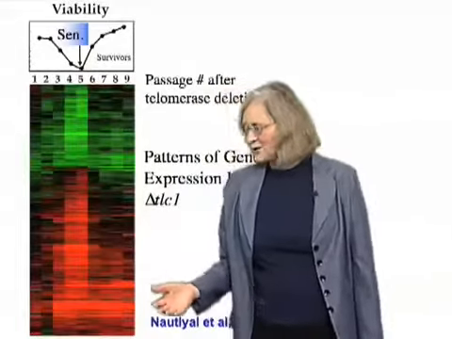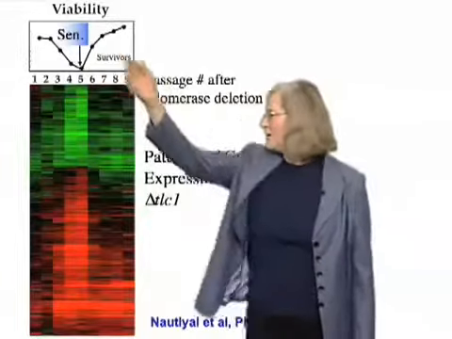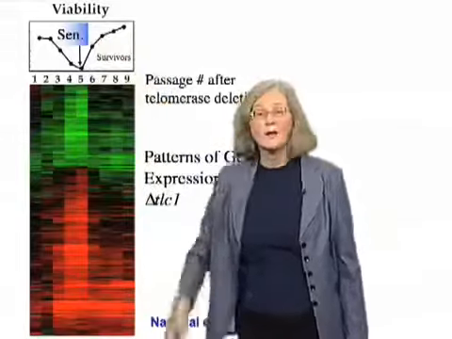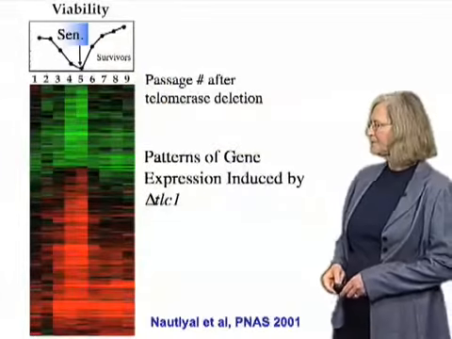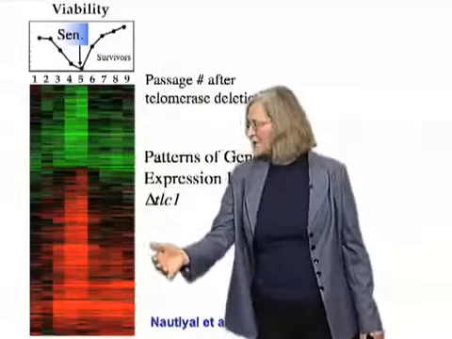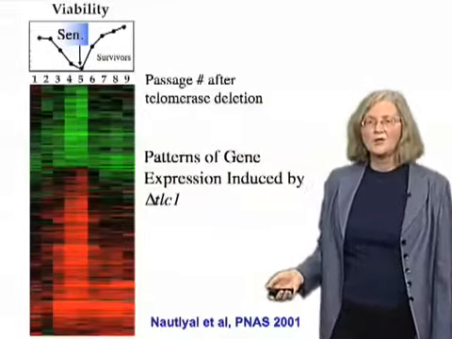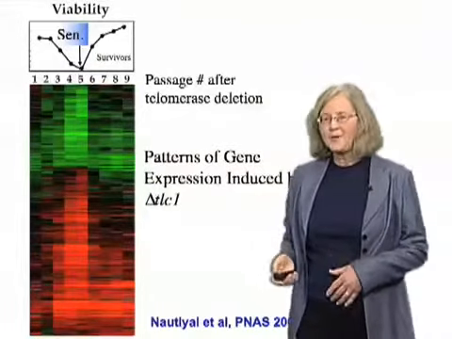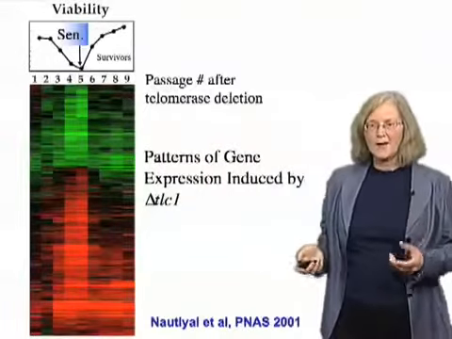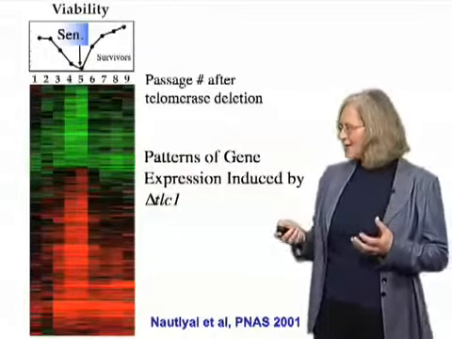But also, as I'll show you, some genes remain changed, even when the cells are growing well, maintaining their telomeres through this recombination mechanism. So one can analyze all the patterns of genes whose expression has changed and compare them with known patterns of gene expression changes that have been looked at in a variety of experimental settings by the many people in the yeast genomics and gene expression community.